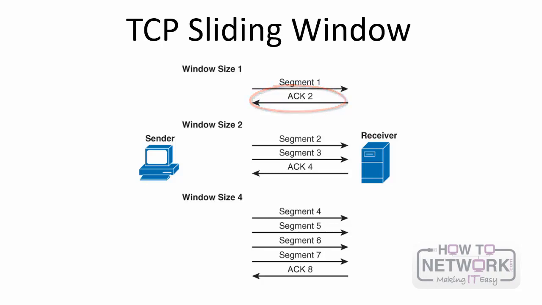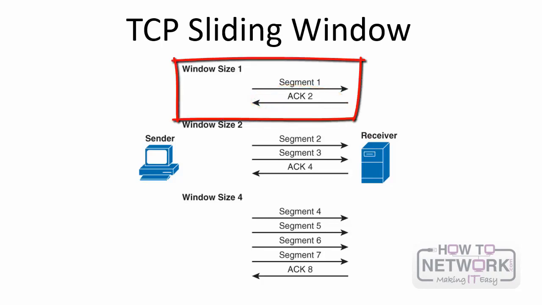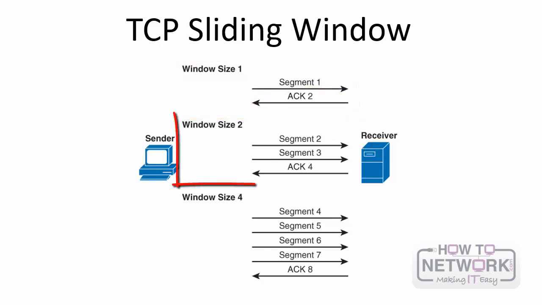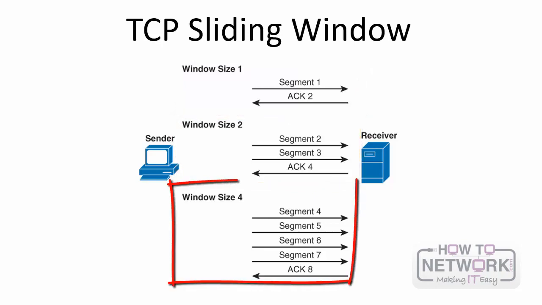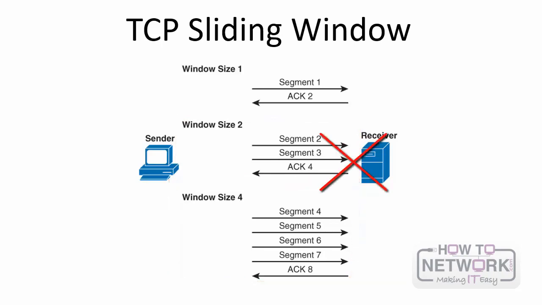The window size can begin with one segment, and then if there's a successful acknowledgement of that segment, the window size doubles to 2 segments. And then if those 2 segments are received, the next window can contain 4 segments. This increase in window size continues until the receiver does not acknowledge successful receipt of all segments within a certain time frame, known as the round trip time.